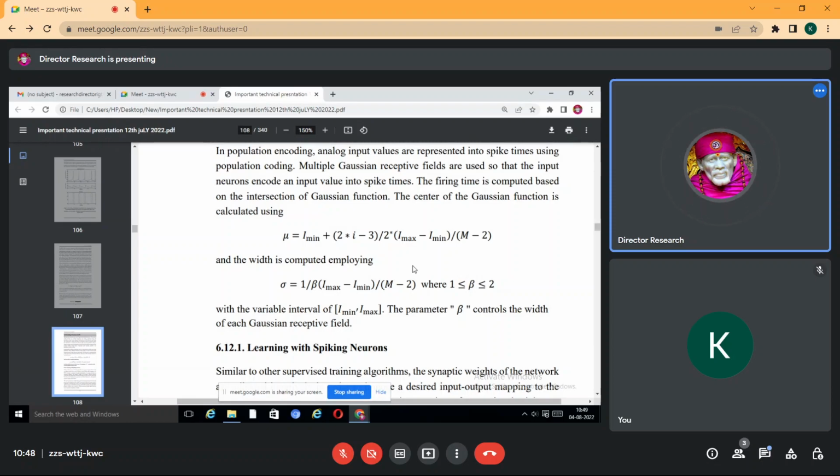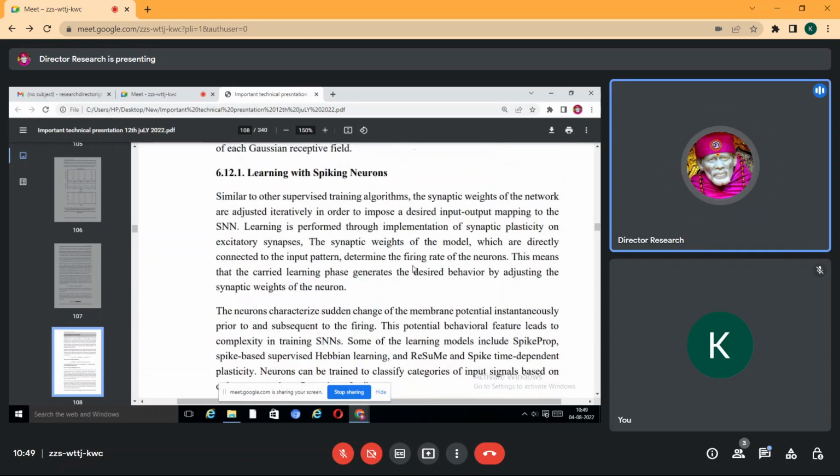After the formulas, the important concept is learning with spiking neurons. Similar to other supervised learning algorithms, the synaptic weights of the network are adjusted iteratively in order to impose a desired input-output mapping on the SNN.